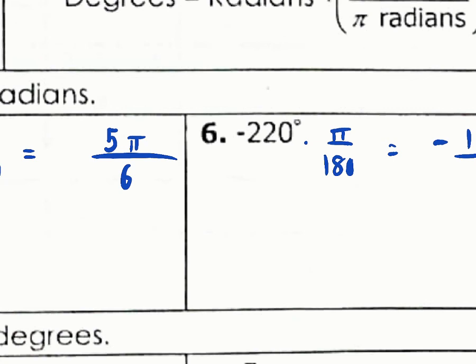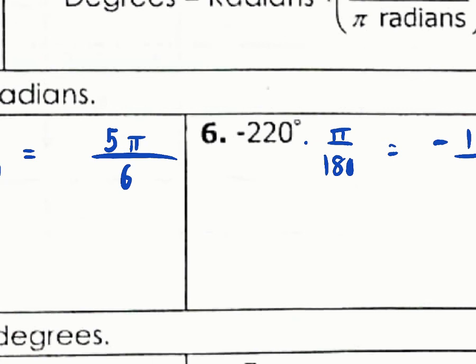Anybody have a question? Is it possible to have a negative on the fraction? Yeah, it's all about direction, right? If I have negative 220 degrees, it means I go clockwise from the positive x-axis. Same thing for negative 11 pi over 9. It just means I go clockwise.